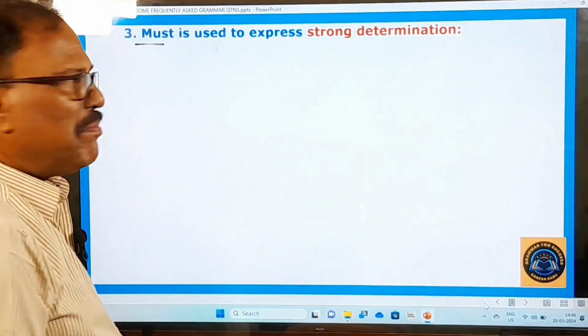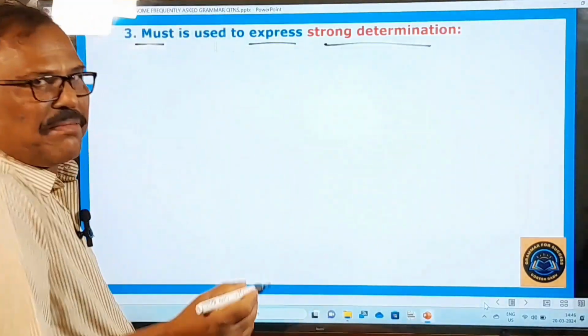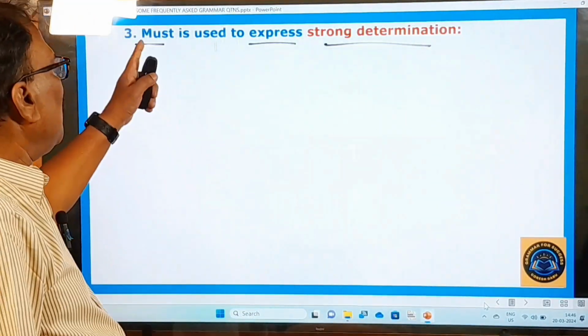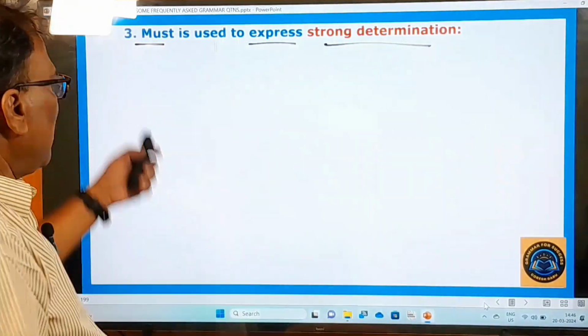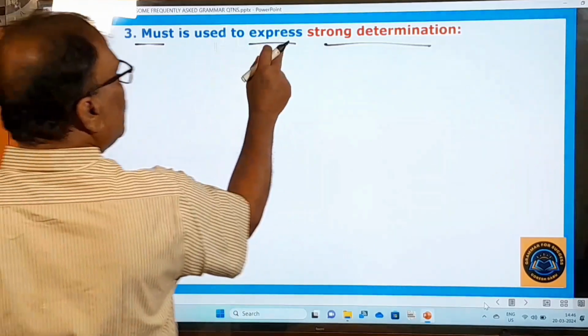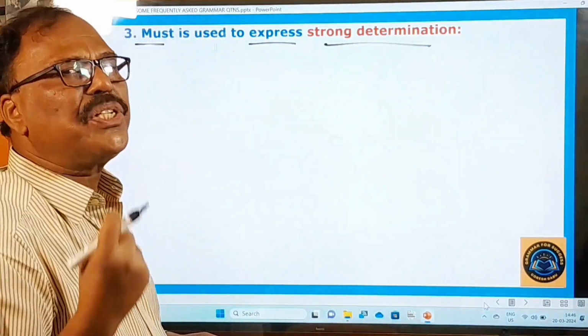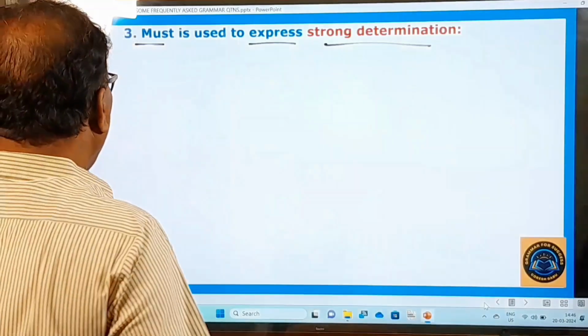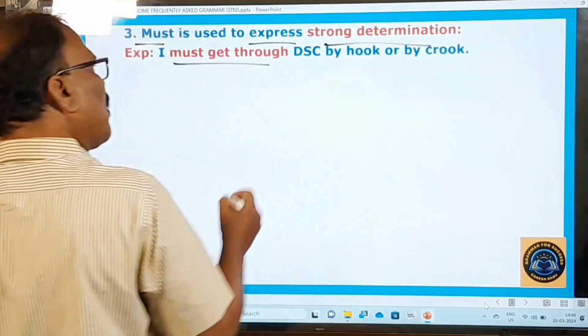Third use of must is used to express strong determination. First use you know very well, second use over, and this is the third use, and it is used to express a strong determination. Determination means strong decision. Let us look at the example. I must get through DSC by hook or by crook.